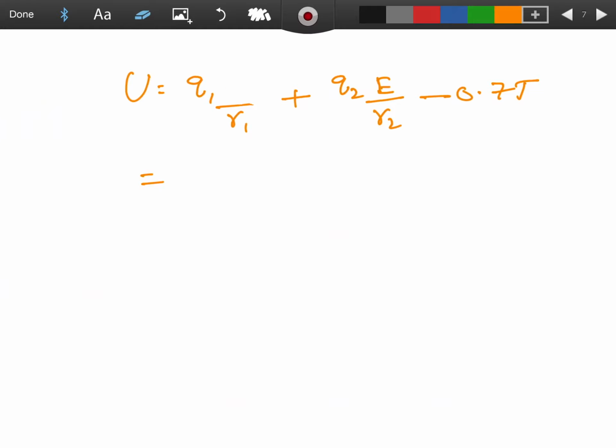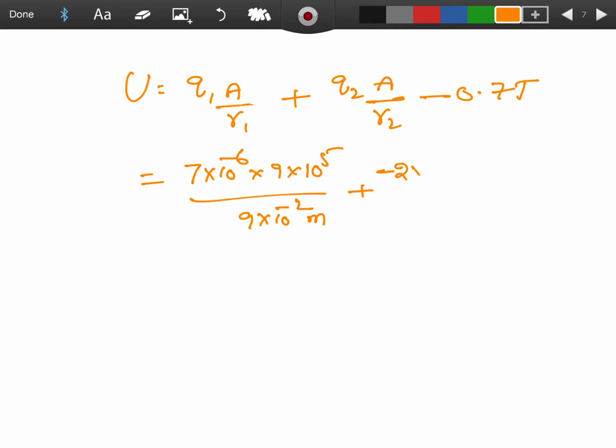Sorry students, here it is not E, it is A by R1, A by R2. A value you know, Q value you know. Q is 7 into 10 power minus 6, A is 9 into 10 power 5, it is mentioned in the question. R1 is 9 into 10 power minus 2 meter, 9 centimeter.